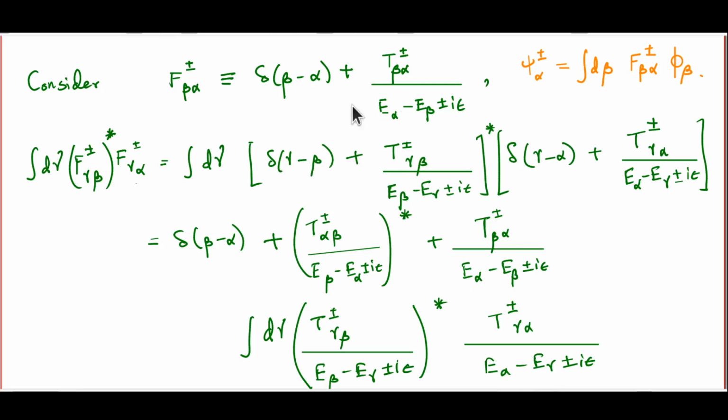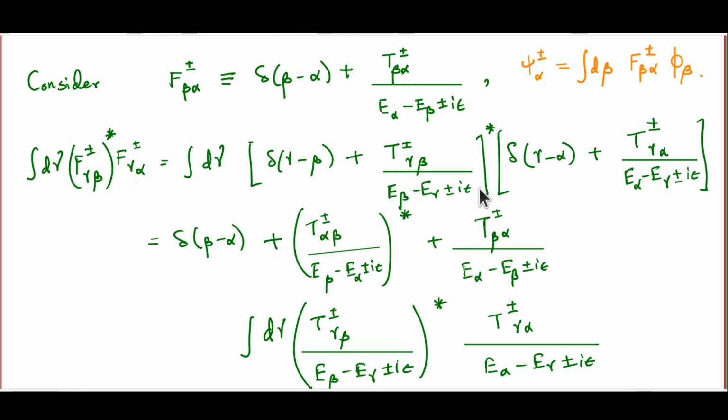All you need to check here is delta gamma minus beta into delta gamma minus alpha. That integrated over gamma trivially gives you delta beta minus alpha. This delta gamma minus beta times this. After all, delta gamma minus beta is real, so its conjugation is the same. And you multiply it by this and integrate with respect to gamma. It replaces the gamma here everywhere by beta, and this is what you end up with.